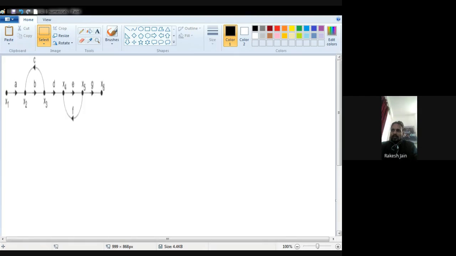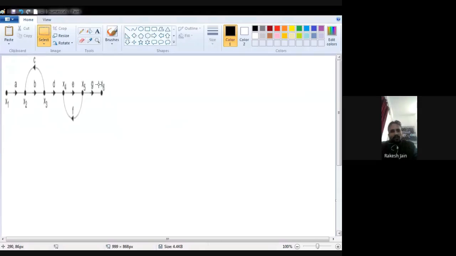I just took it from that PPT. The first numerical is a signal flow graph. Nodes are x1, x2, x3, x4, x5, x6. The values written over the arrows are the gains of the particular branches, right? And loops are what? A closed path.